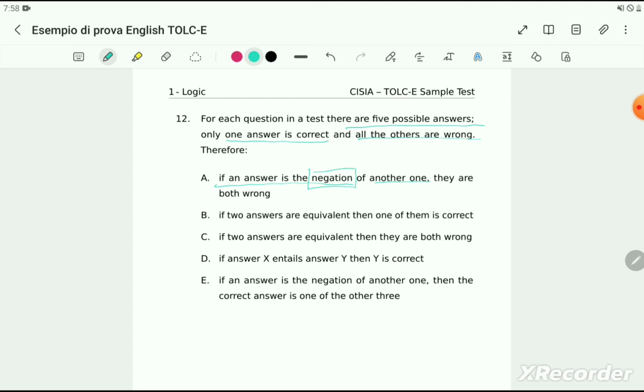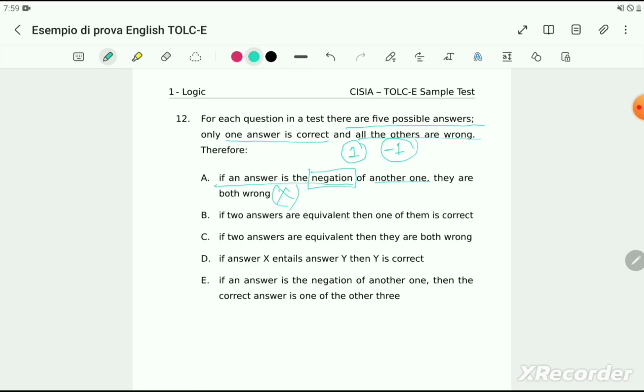Negation means what? Negation means opposite. So one answer is, for example, 1, another would be -1, like that. Totally opposite things. That means actually negation. So they are both wrong? We cannot say. One could be right.